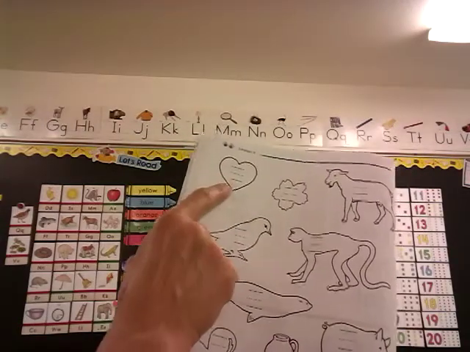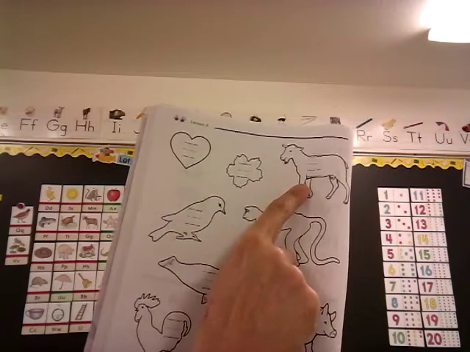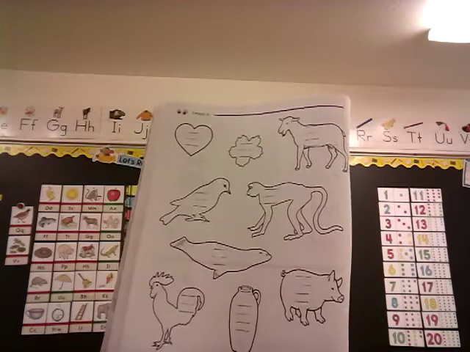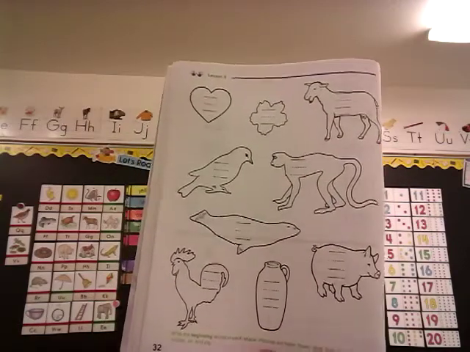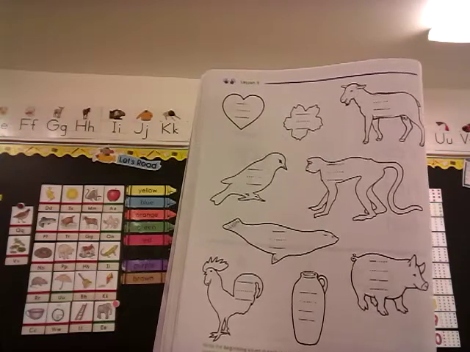So we have an H for the heart and an F for the flower. And next we have a goat. Which letter makes the g sound? Goat.